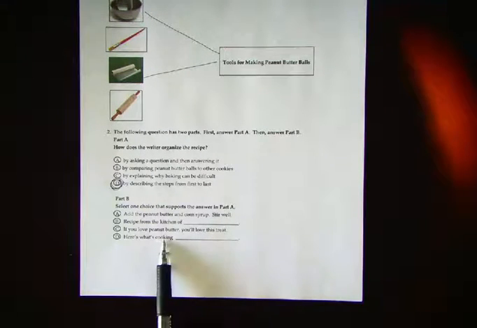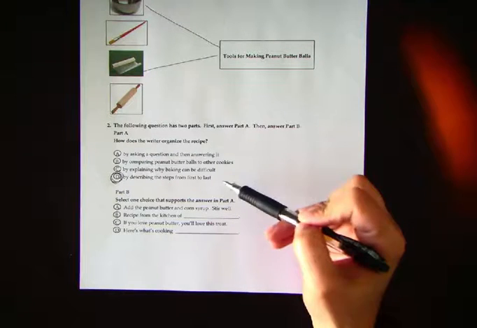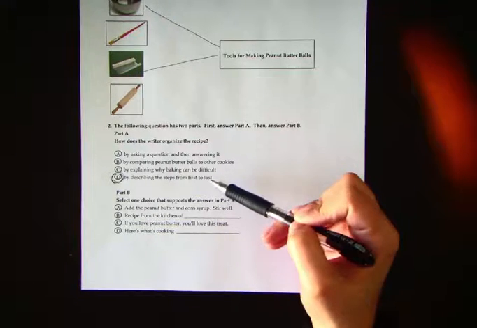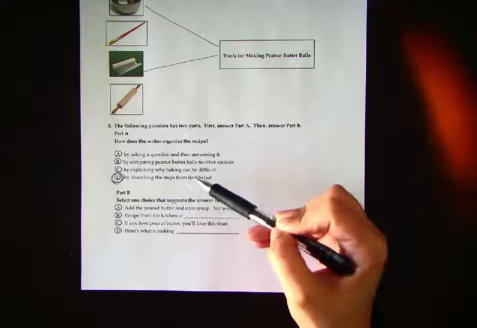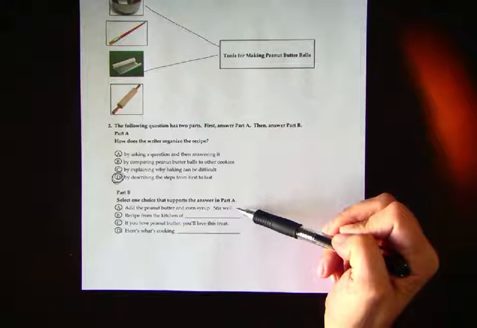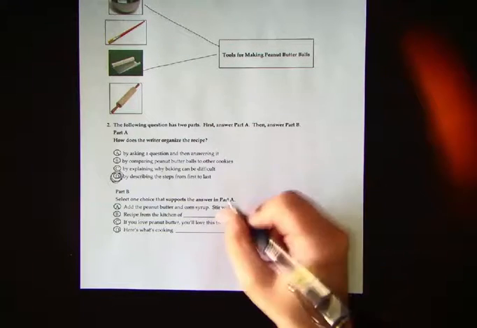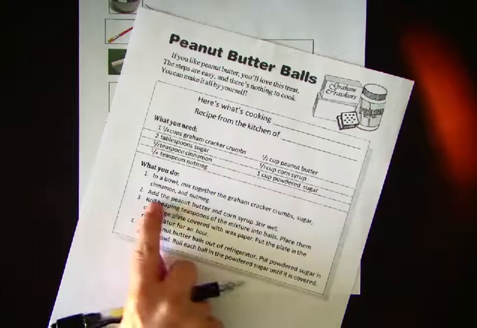So then part B was asking me to select one choice that supports my answer for A. So I had picked that the author described the steps from first to last. So I'm going to want to pick something that shows that it's describing steps. Add the peanut butter and corn syrup, stir well. That one is definitely one of the steps. I'm going to put a check mark by it, right? It's step number 2 right here.